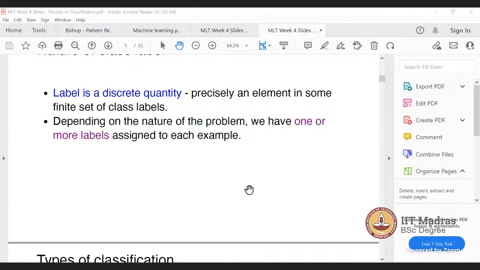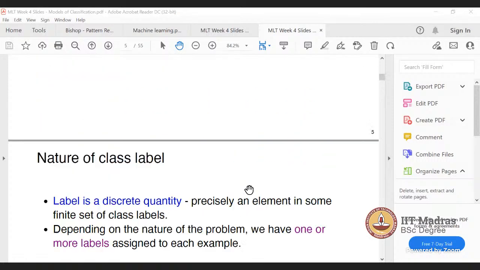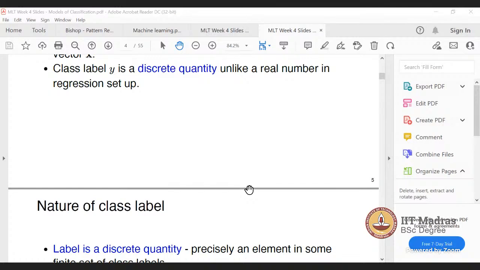In this week 4 we will see two techniques for the classification problem, and these belong to linear models. What I mean by linear model is, first understand what our data actually is. If there are m features and k classes, my input space will be an m-dimensional space.